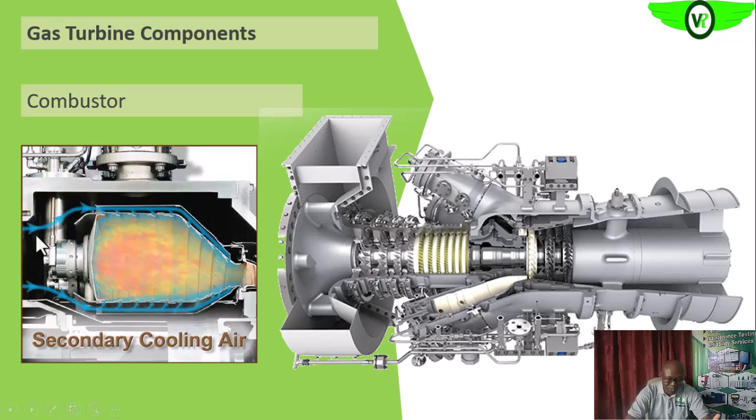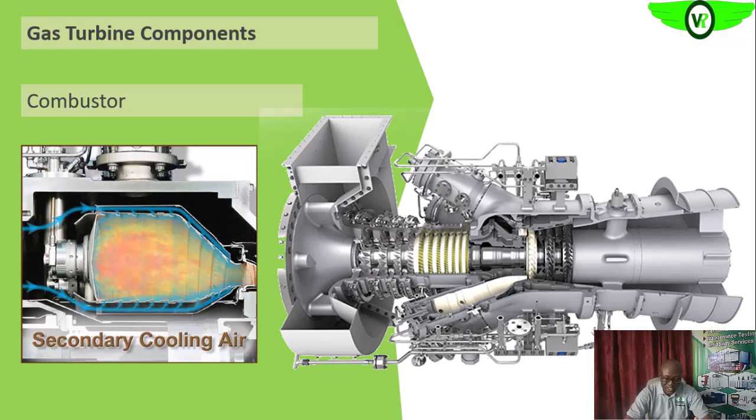Some will come in through the openings around the burner, okay? While that is the injector, the nozzle, okay? Then others will come in through perforations downstream along the combustor, okay?